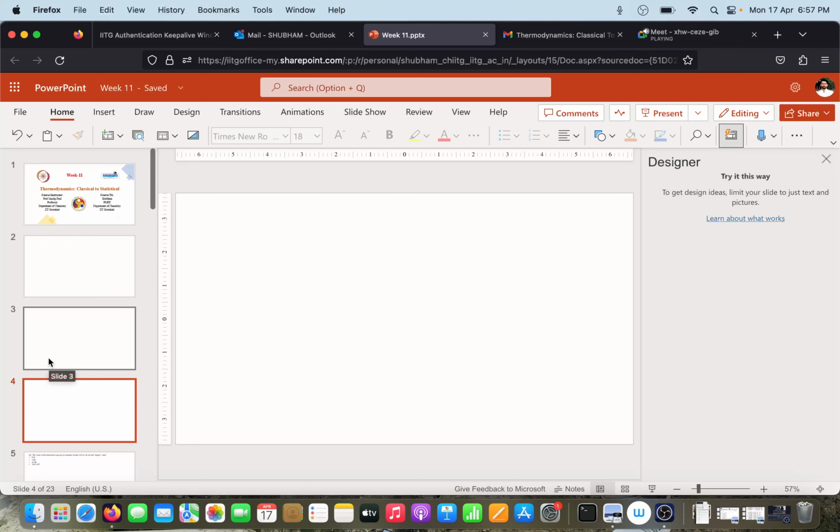So delta S will be 18 into 2259.4 divided by temperature of transition, which is 373. This is joule per Kelvin, sorry, joule per mole, and this is in Kelvin.